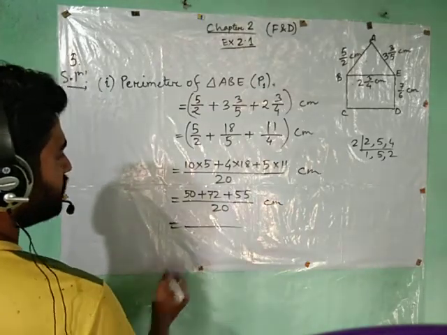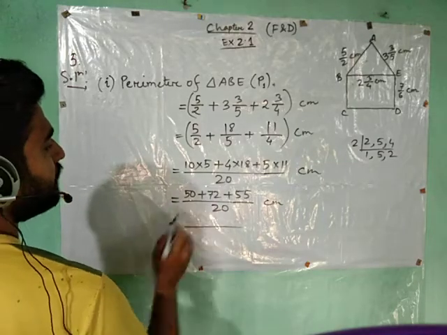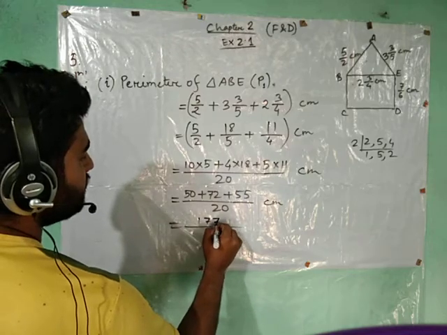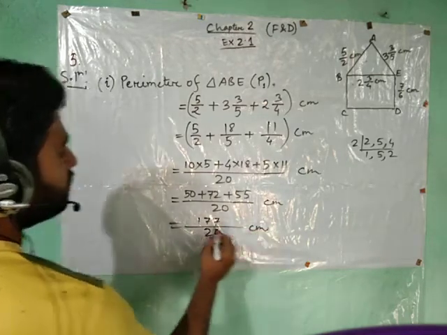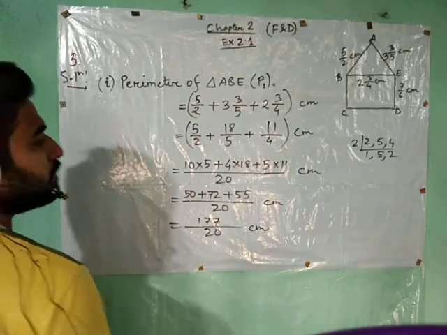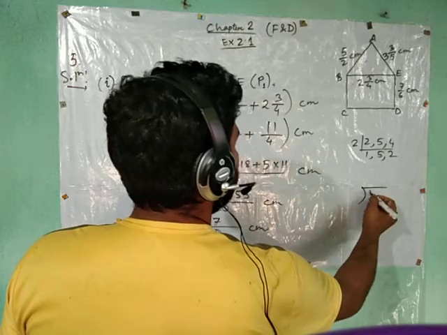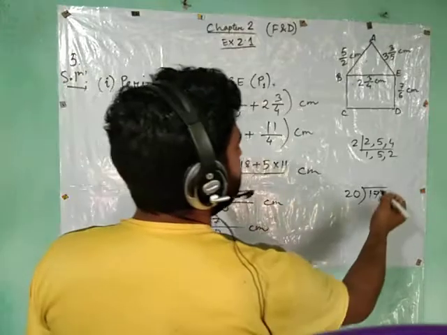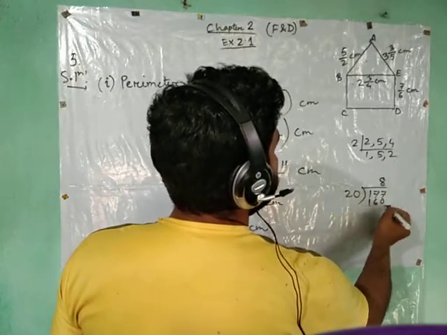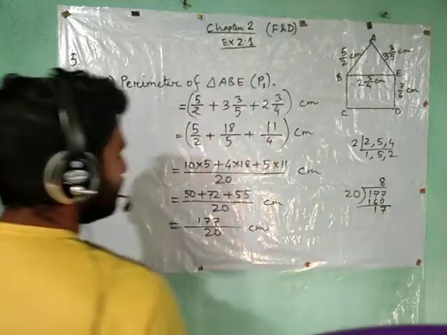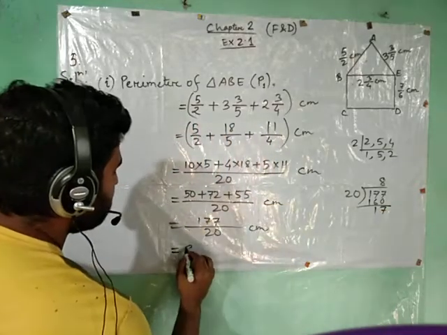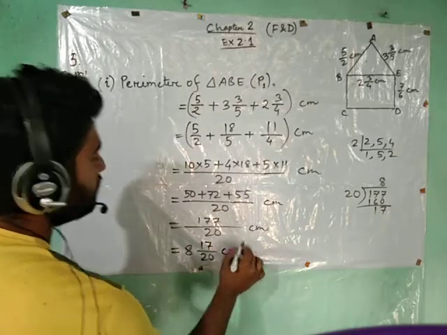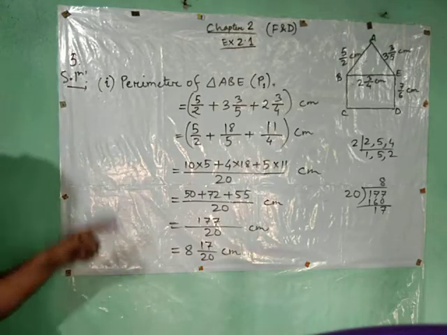If we add them, you will get 50 plus 50, 100 plus 70, 170, 72, 177 divided by 20 centimeter. But it is an improper fraction. So again you have to divide 177 by 20. 2 1s are 20, 2 2s are 40. Similarly, if you go on, 8 2s are 160 you will get. Again 17 will be remainder. So your answer will be 8 17 by 20 centimeter.